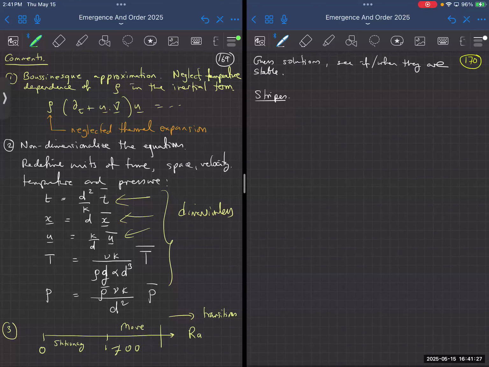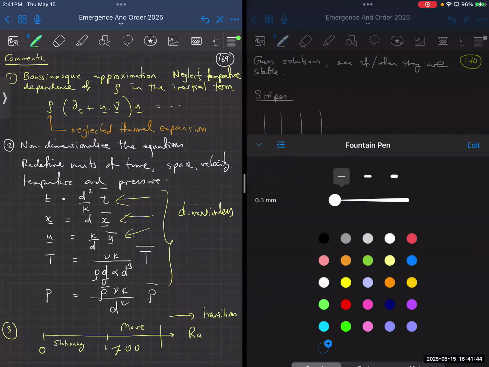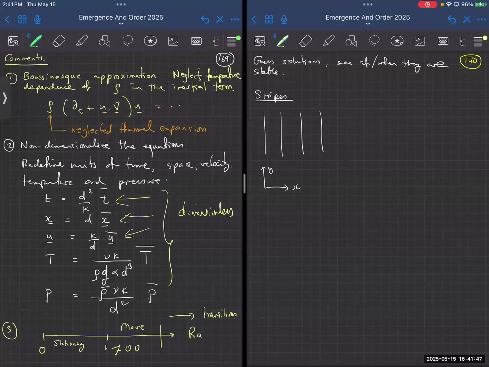Well, the picture, if I looked at it from above, might look something like this, where you've got some stripes oriented along the y-axis, and so this configuration would look like this: u of z is equal to some amplitude times some function u_q of z, and then e to the i q_0 x plus the complex conjugate.